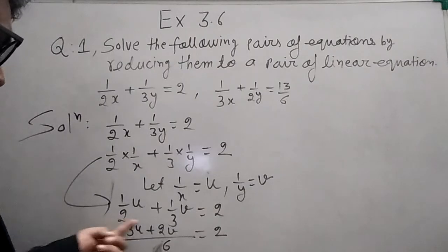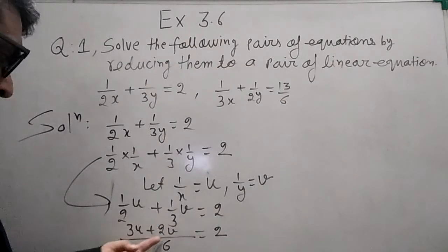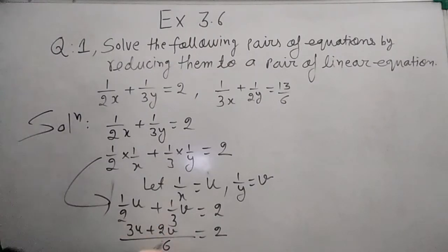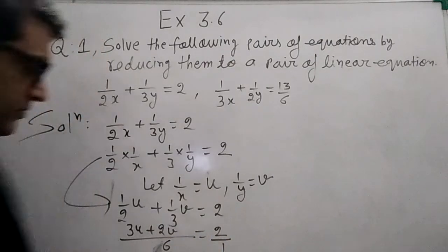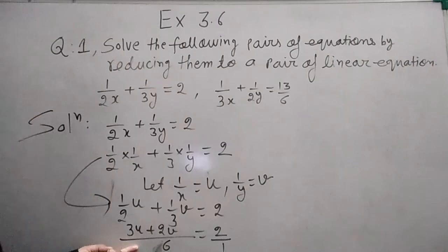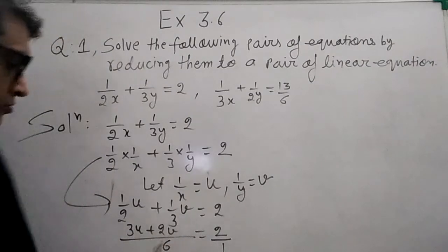Dear student, this will be (3u plus 2v) upon 6, that is equal to 2. Now dear student, we will solve this. Cross multiplication we will do here.